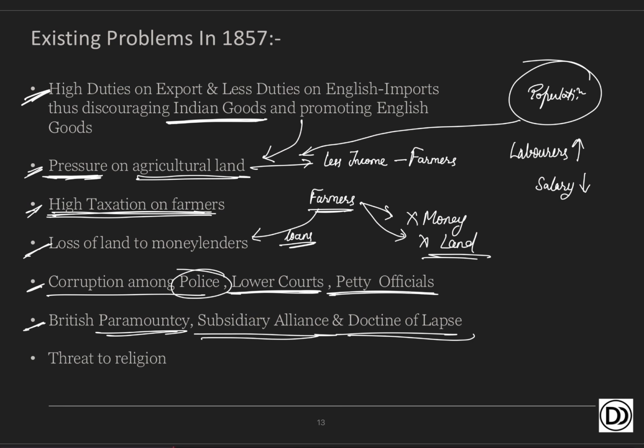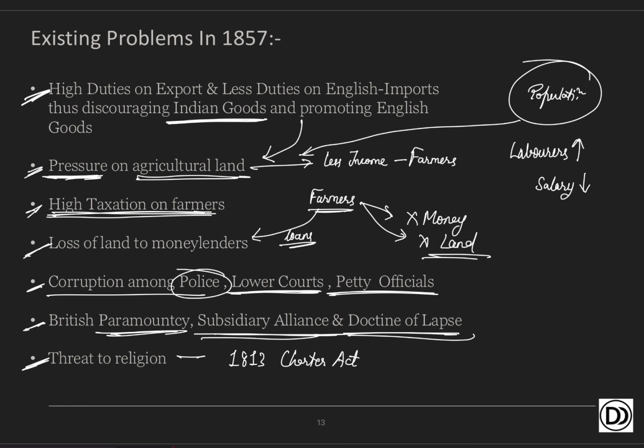Now that we have seen British Paramountcy, Subsidiary Alliance, Doctrine of Lapse, we'll get to threat to religion. In the Charter Act of 1813, the British government, when they took control of the territories in India, which were first occupied by East India Company, permitted Christian missionaries to enter India. They were asked to carry out educational activities.